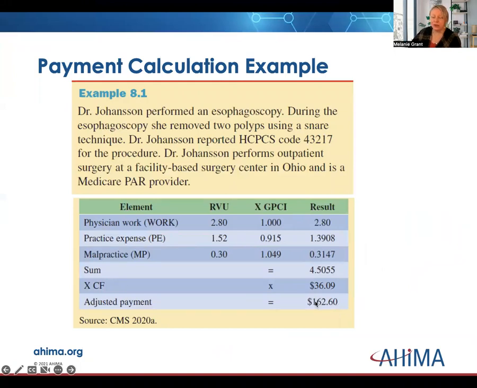So they've already done the math for me from Medicare, but how they determined it was by looking at this as a facility-based surgery, pulling in the relative value units of 2.8 and the geographic units of 1.0, the practice RVUs of 1.52 and 0.915, and the malpractice units of 0.3 and 1.049 to get each of these that you see to the right, for a total sum of value units of 4.5055.